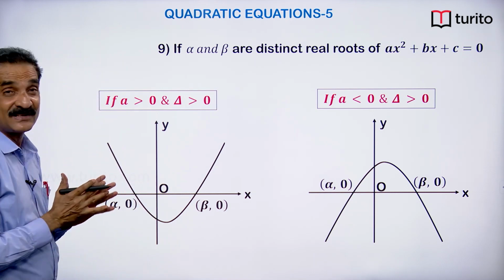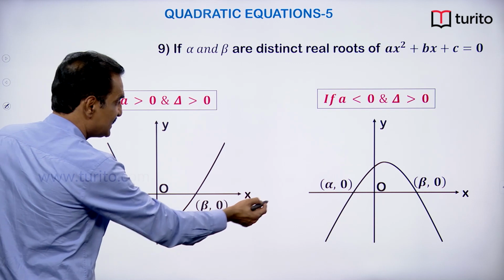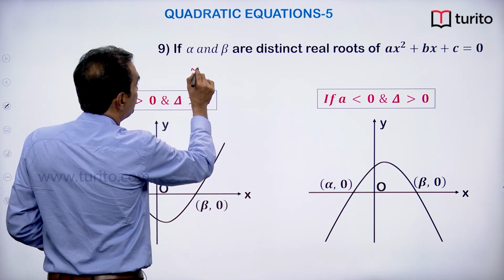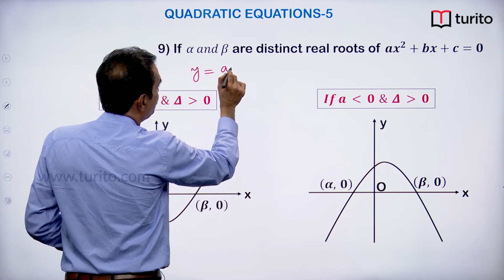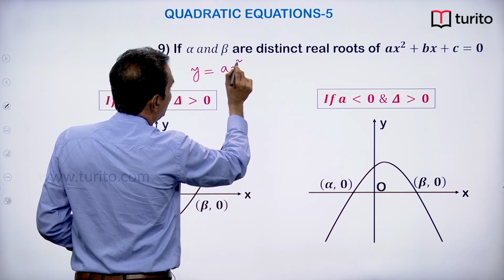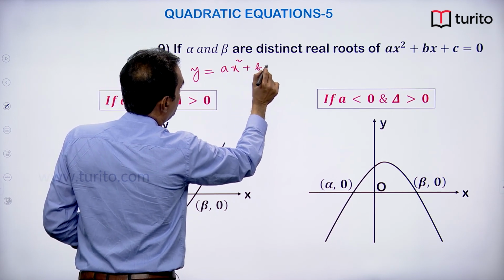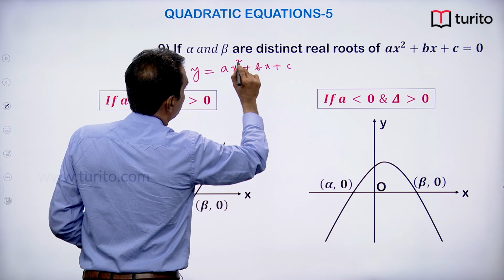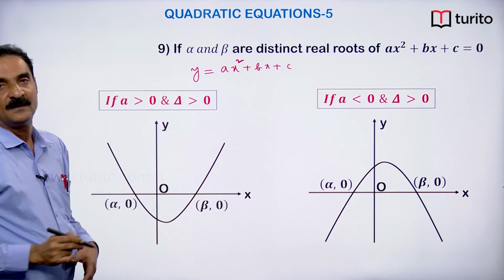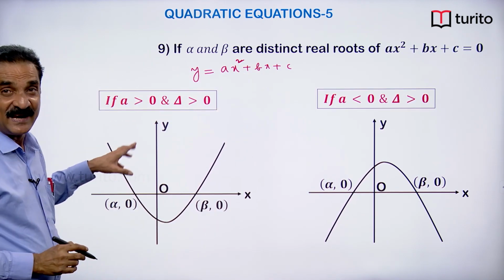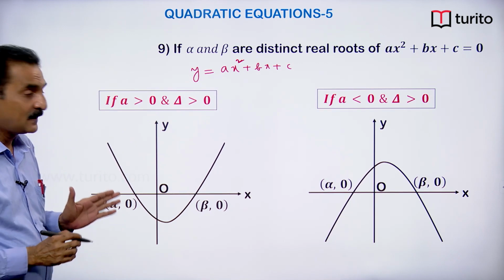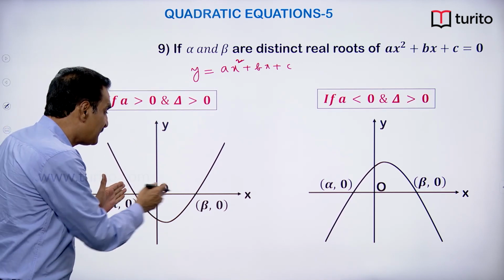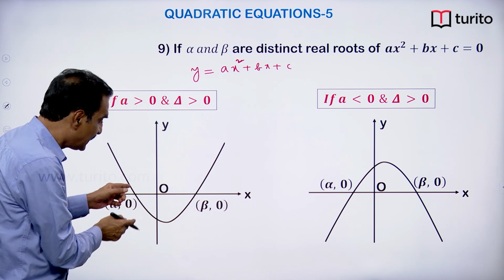Now, you observe the sign of y. These are the graphs of y is equal to ax square plus bx plus c. Now, observe the sign of y. When x lies between alpha and beta, here y is negative.